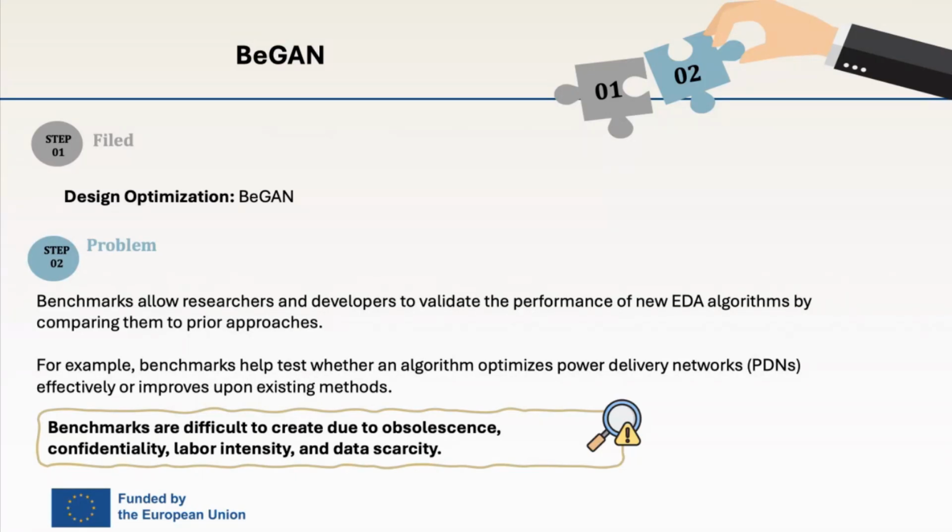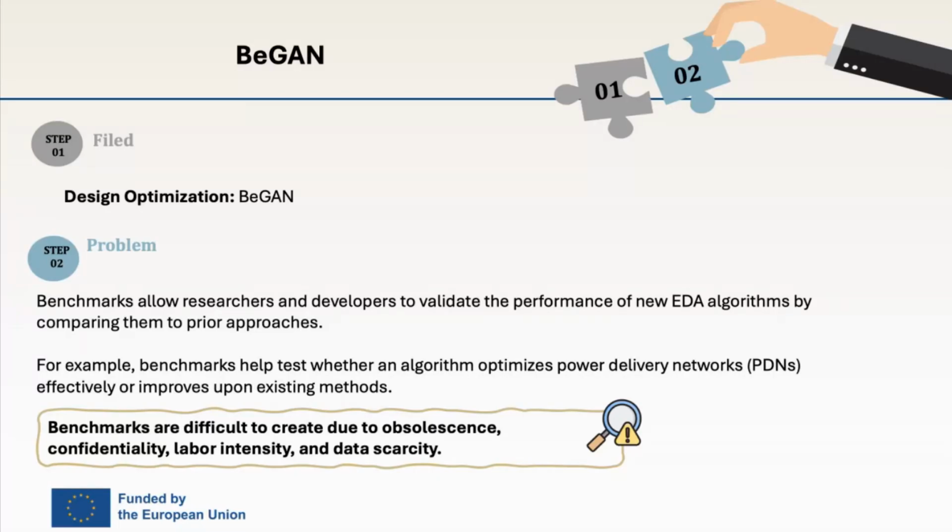Also, when we talk about new chiplet designs, we could have a confidentiality problem, because some companies can't sacrifice their data or designs in order to provide a benchmark.